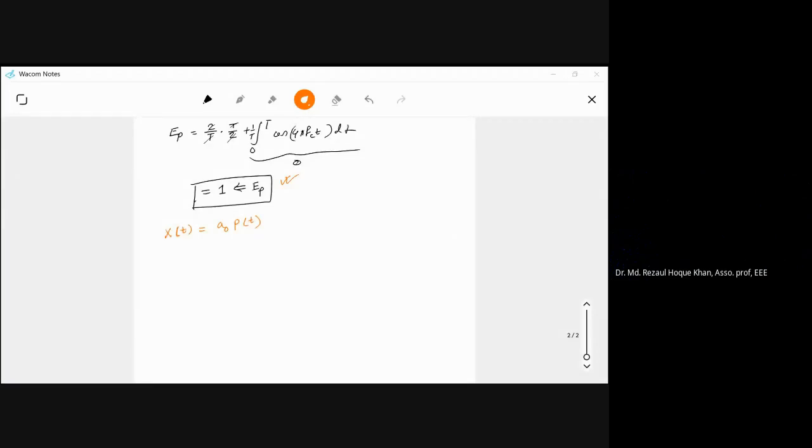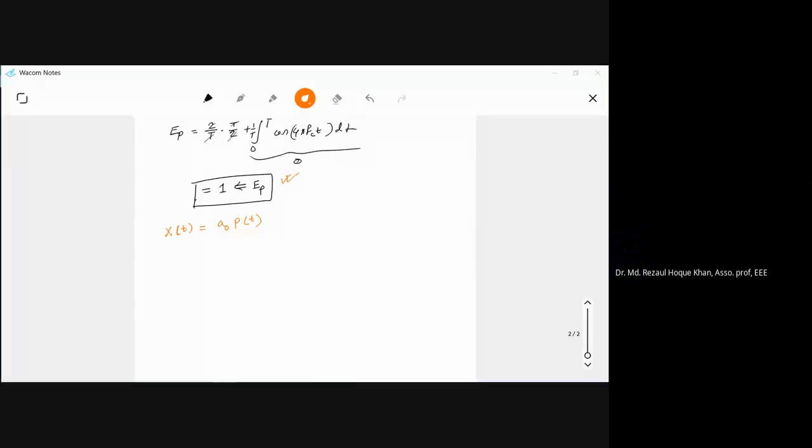Here we defined x(t) equal to a0 p(t). If you forget by this time, please go back to our lecture 4.